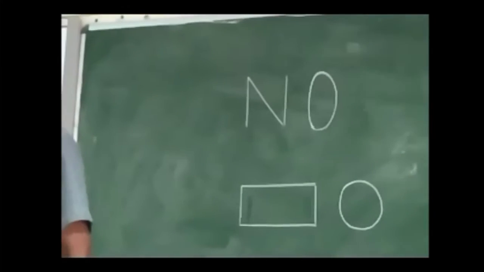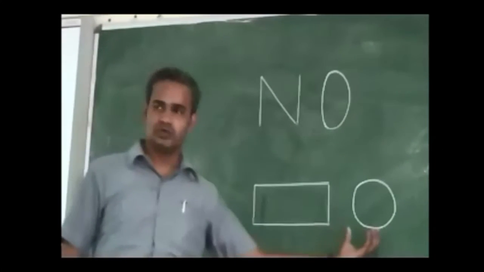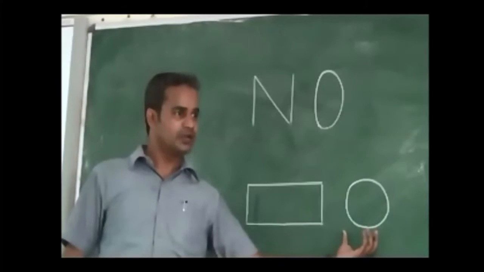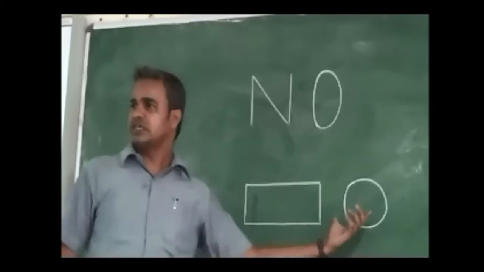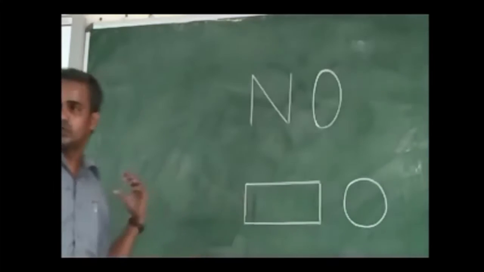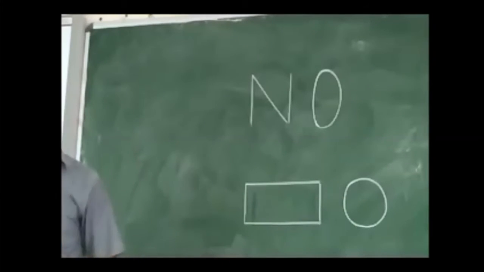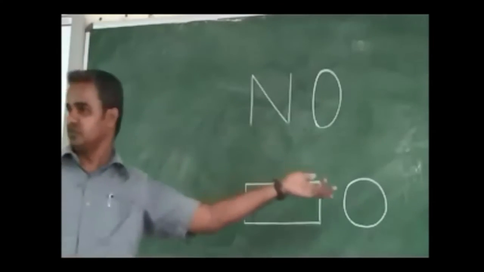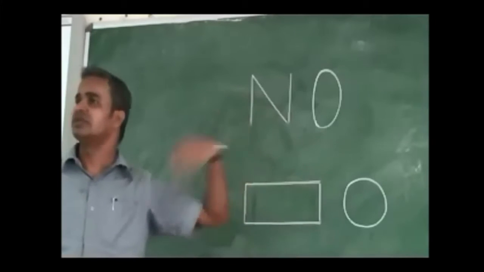Grammar in the sense that if I put a circle to the right side, it will have a meaning. If I put a circle to the left side, it will have a different meaning. That is, one is drawn in third angle projection, the other in first angle projection.